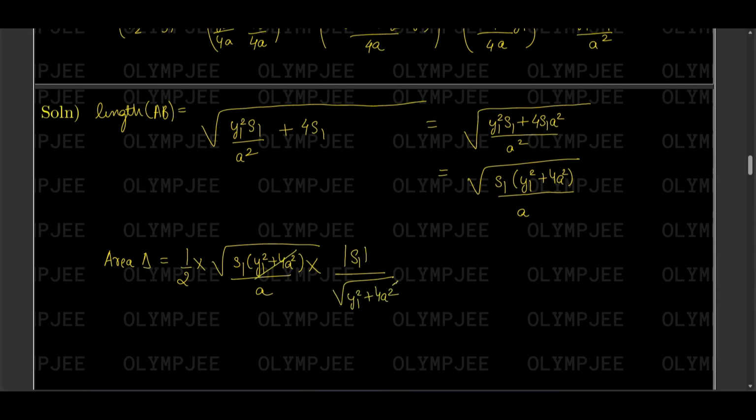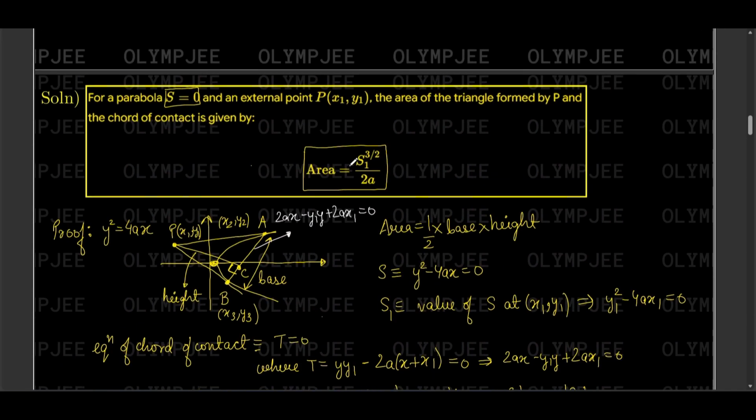So this and this will get cancelled, which will give us S1 times S1 raised to the power 3 by 2 divided by 2a. So this is what we had to prove, and we have proven this.